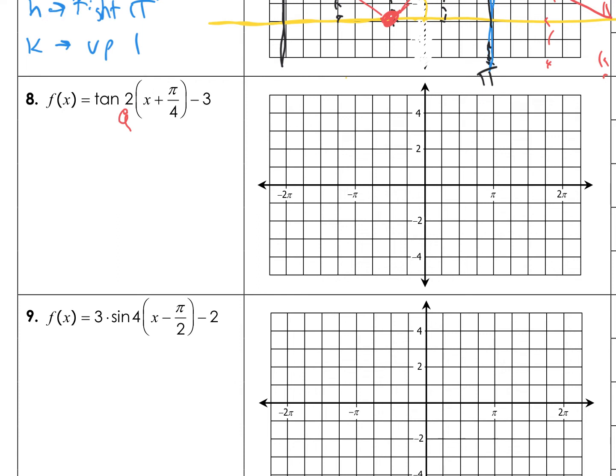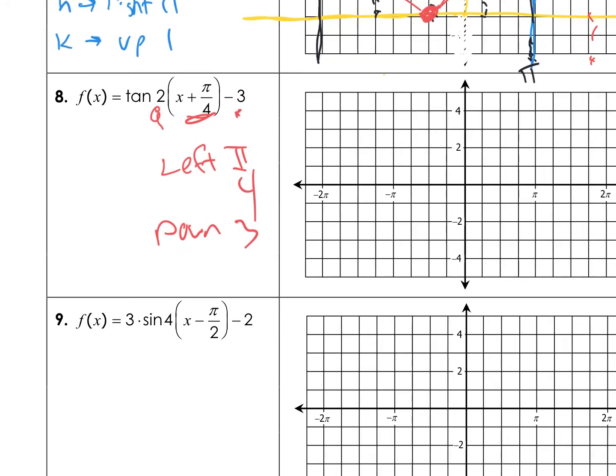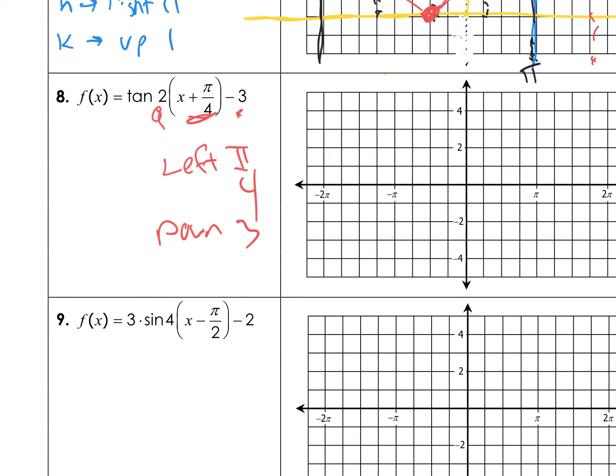However, I do notice right here a left pi over 4 from the original, and I notice a down 3 from the original. And reminding you again, oh, actually, this is not my amplitude. I lied. My amplitude is 1. This 2 was my B. Silly me. I bet somebody was out there yelling.